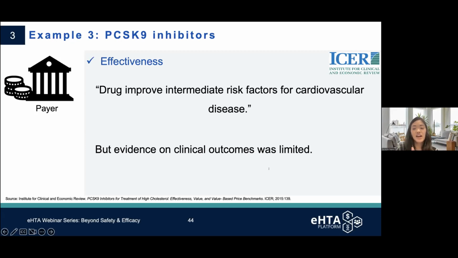But regarding clinical outcomes like myocardial infarction, mortality, stroke, and angina, the evidence was less clear, as the trials were limited. They didn't have long-term data. Regardless, they felt that the evidence seemed promising, but inconclusive.